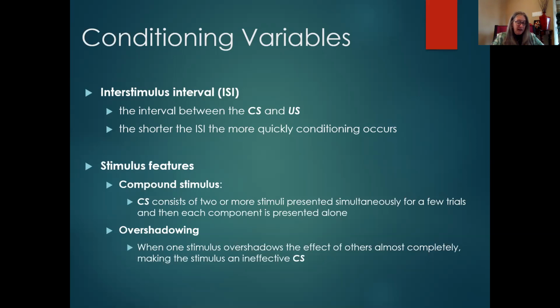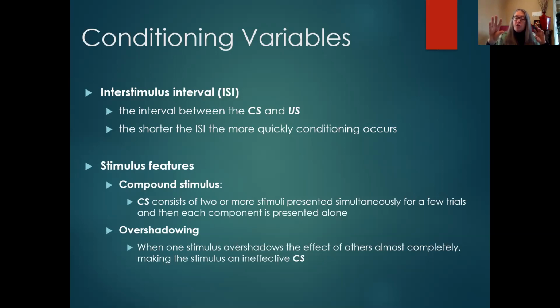One example has to do with strong USs. If you have a sound and a strong puff of air in your eye, and you blink, you're going to learn that quicker than if there's a sound and a weaker puff of air and you blink.